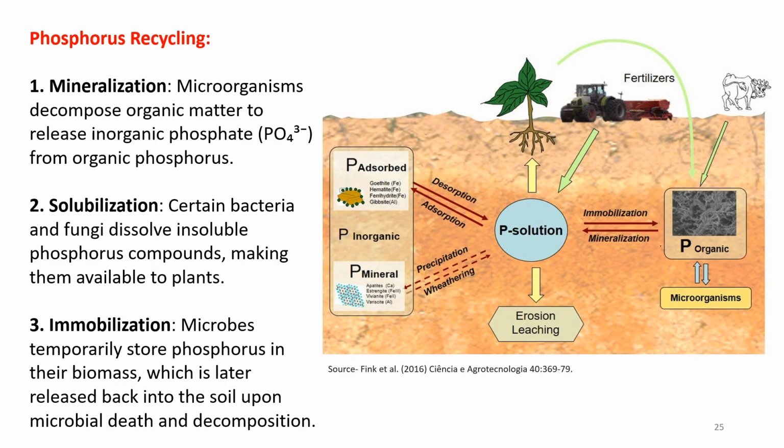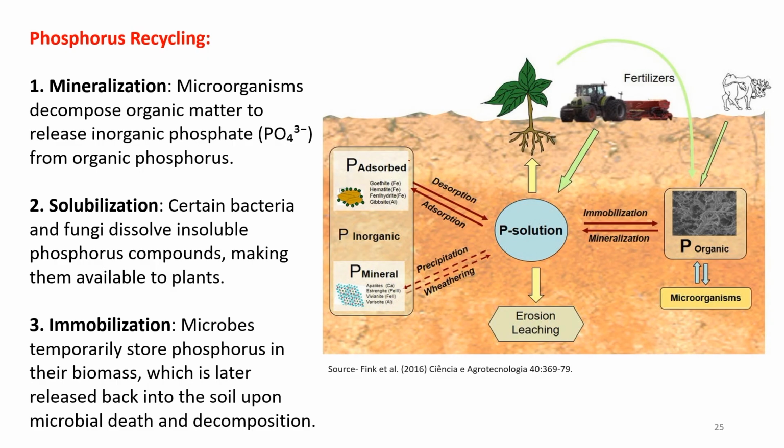Then by the process of mineralization, it goes into solution form, and then the reverse is immobilization, where microbes temporarily store phosphorus in their biomass, which is later released back into the soil upon microbial death and decomposition. Solubilization is carried out by certain bacteria and fungi that dissolve insoluble phosphorus compounds, making them available to plants.